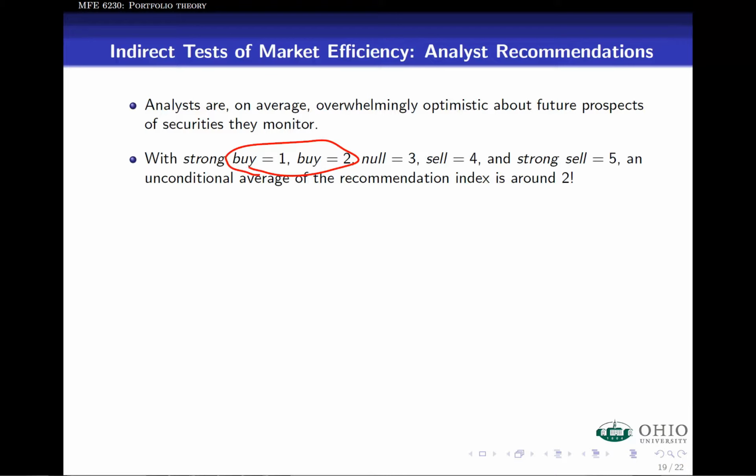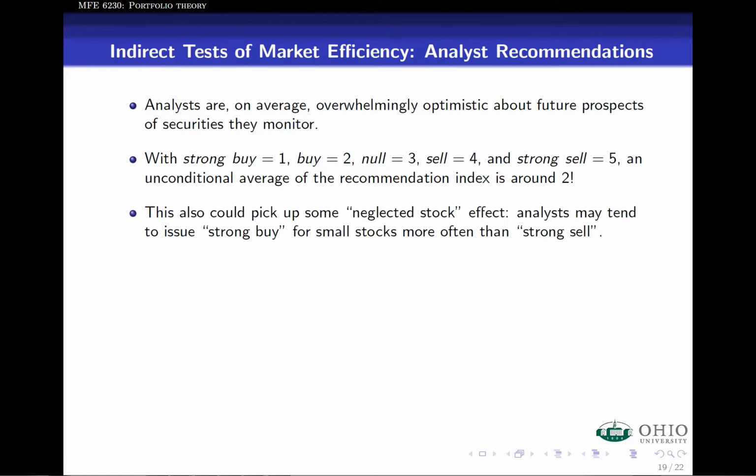Okay, now that they're overly optimistic, do they actually make money off of this optimism? Right, that's the next important question. This is actually a good observation that gives us an opportunity to see whether they make money or they are able to help people make money. Nonetheless, this observation can pick up some neglected stock effect, right? So basically, analysts tend to issue strong buy for small stocks more often than strong sell.